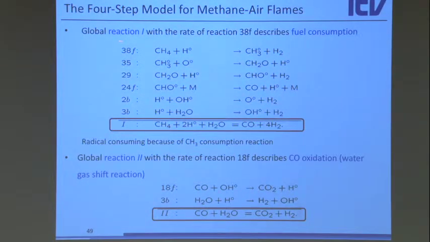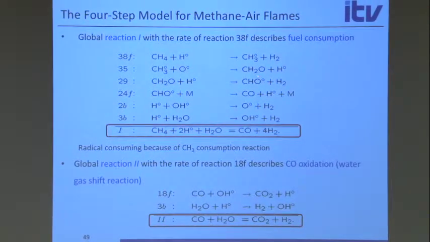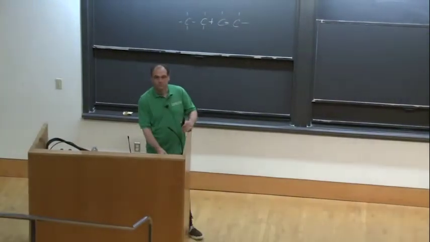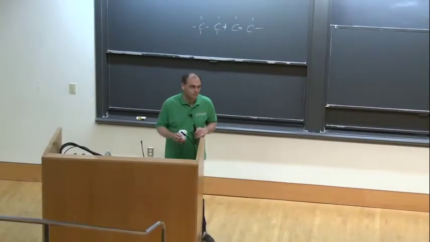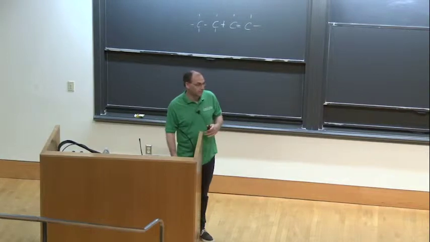And you see the main consumption reaction for this is methyl plus O goes to CH2O plus H. And what do you think about that reaction? This is chain breaking. Why?